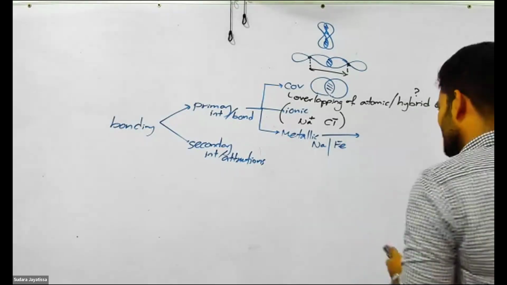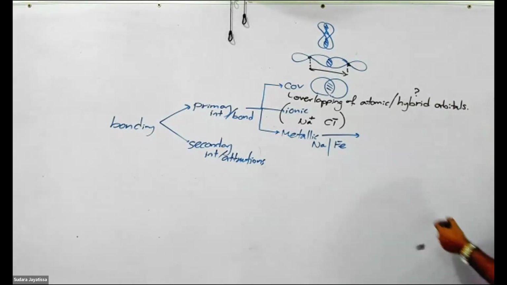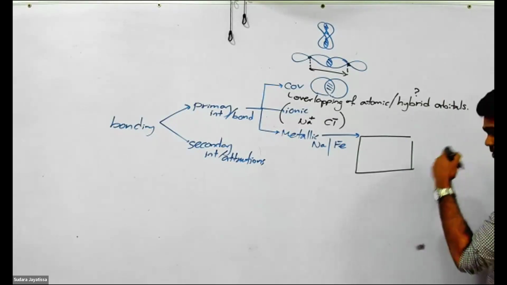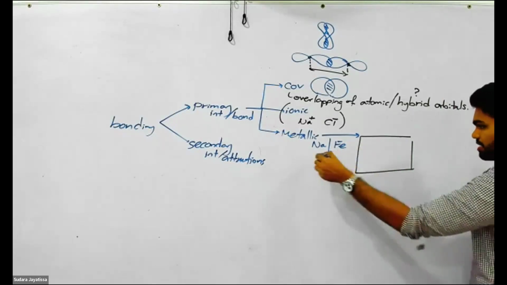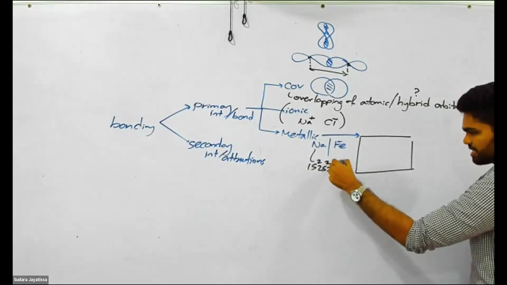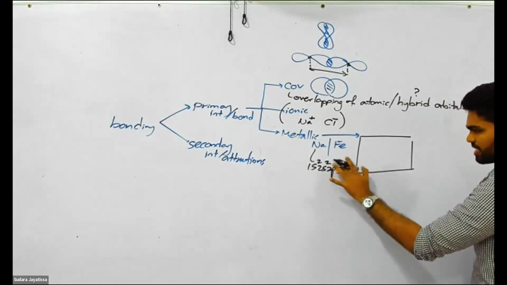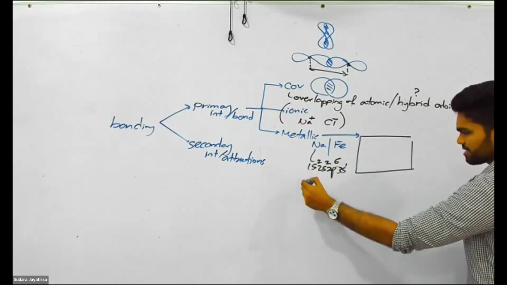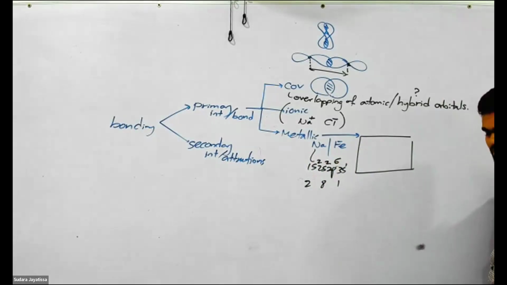So we say something like this. If it is sodium, sodium has 1s2, 2s2, 2p6, 3s1 electronic configuration. Those who don't know this, it is the same as 2, 8, 1.